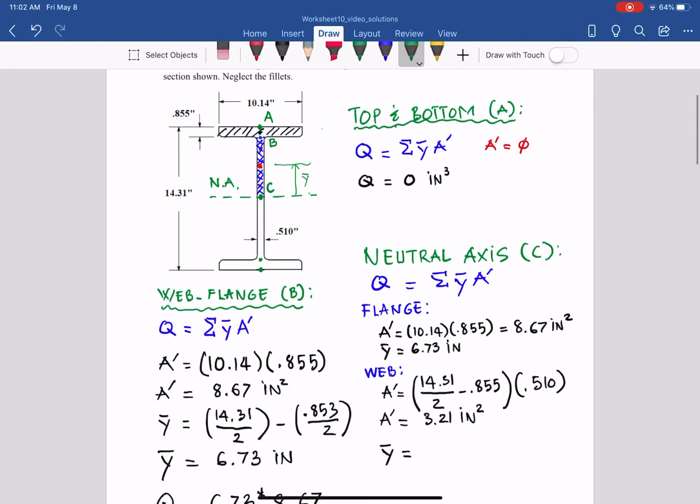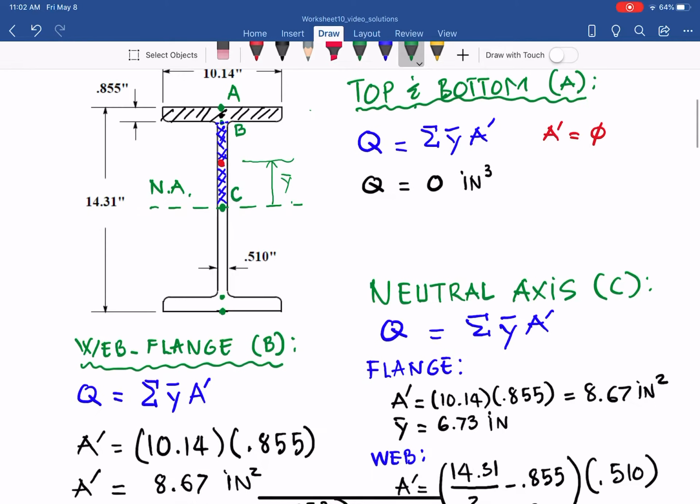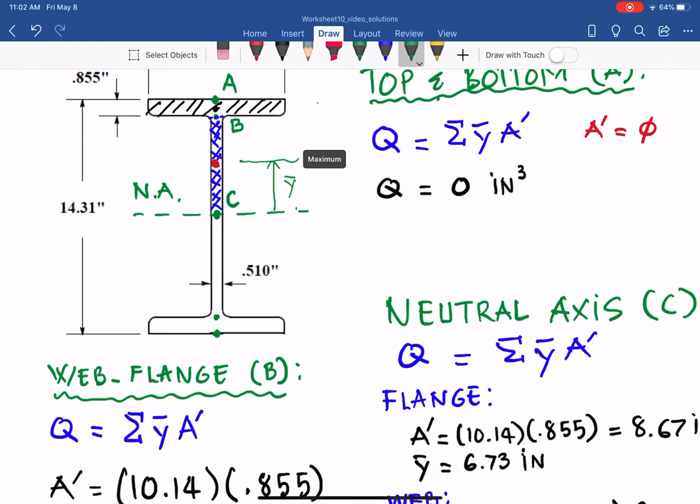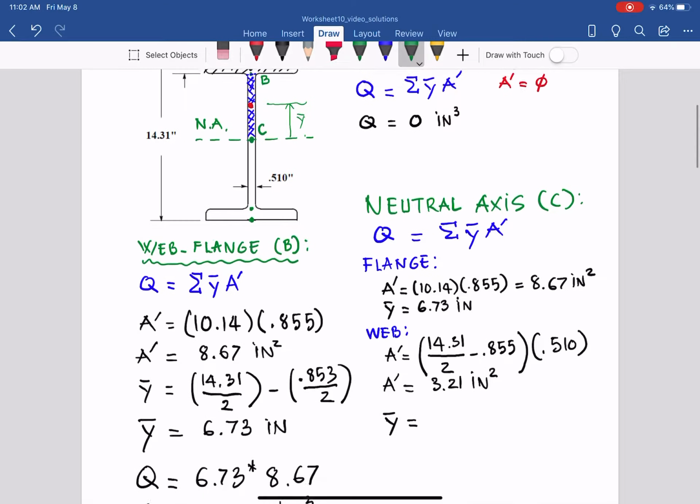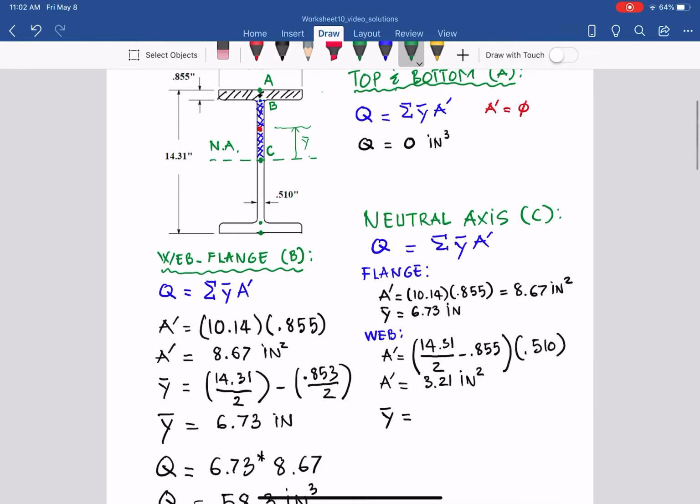So it equals, as you can see, half of BC, right? Half of BC. That is the web, the blue one. So how to determine half of BC? Basically, BC equals 14.31 divided by 2, that is half of the height of the beam, minus the thickness of the flange, and BC divided by 2 gives you y bar for the web.